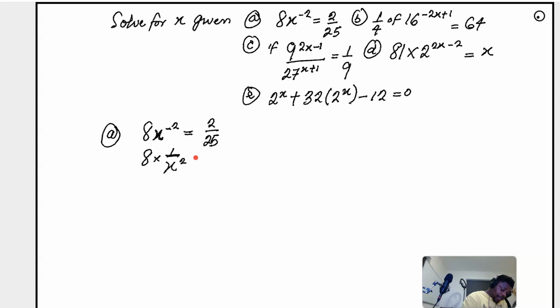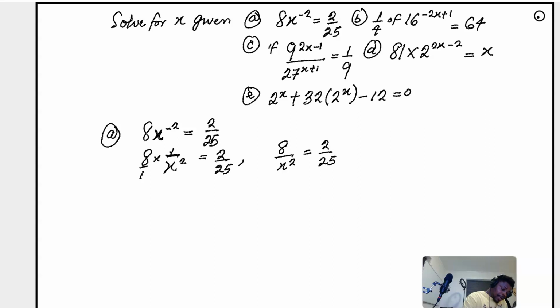You agree from indices. So it's equal to 2 over 25. So remember, this is over 1. So that means 8 times 1, that is 8. 1 times x squared is x squared. Is equal to 2 over 25.